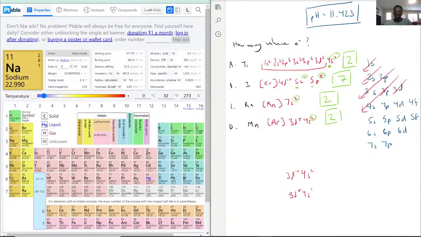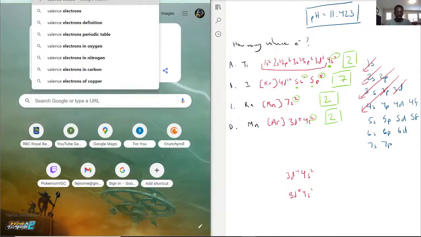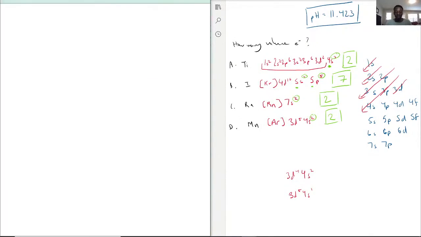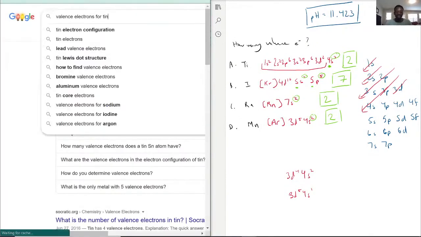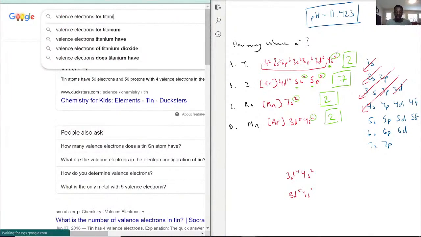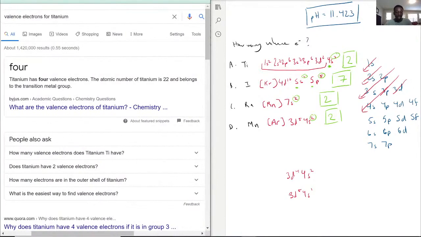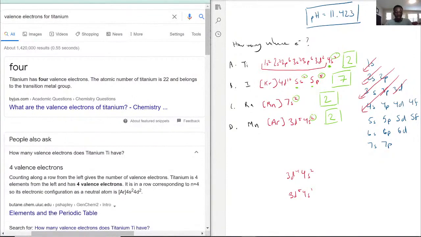And just to make sure that I'm not just making it up, valence electrons for tin. Whoops, that's not tin. That's titanium. That's the trickiest one. Yeah, so I would say this is incorrect because it's still basing it off of that.